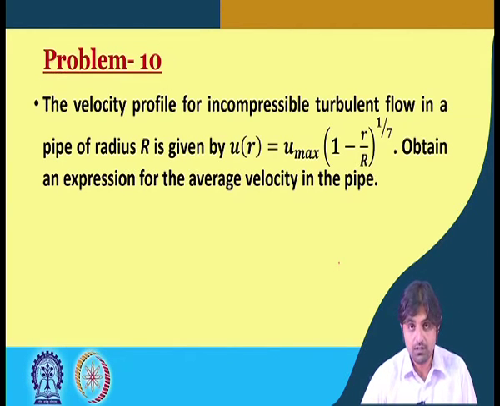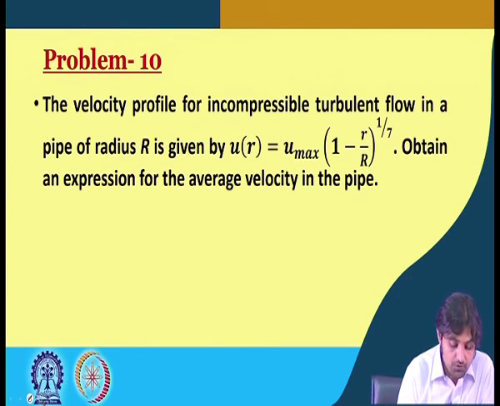Here, by chance, we get the 1/7th power law. So, how to attack these types of problems? You can be given any such profile, and you should follow the same procedure as I am going to do now, so that you are able to calculate the average velocity in the pipe.